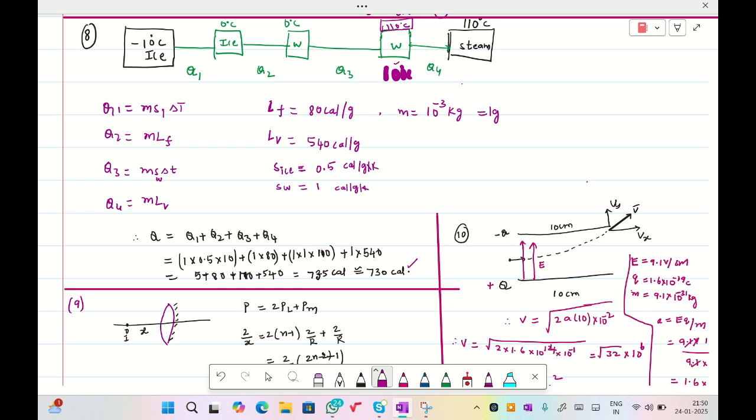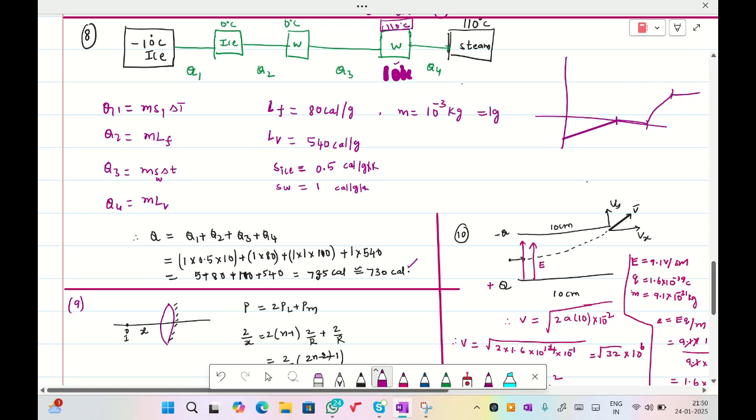But problems, compulsorily I'm expecting, they can give on a graph. So what is the Q value, or what is the state of matter. A graph like this they will give. So in this graph, what is this state, here to here what is the state, here to here what is there, how much heat is required.